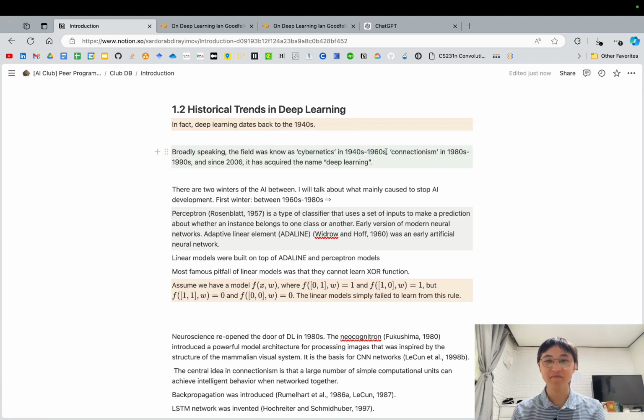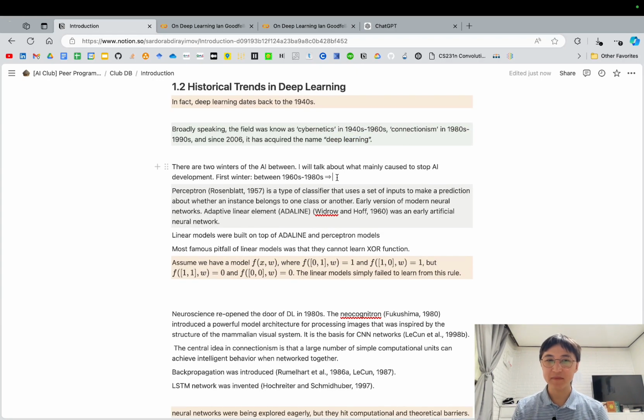Then, unfortunately, there was a winter, and we started calling this field connectionism between the 1980s and 1990s. Since 2006, this field has been given the name deep learning. As you see, there are two winters, between the 1960s and 1980s and between the 1990s and 2006. We will cover them, and they are very important winters.